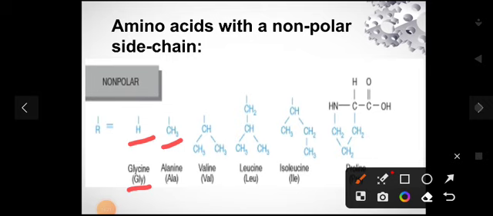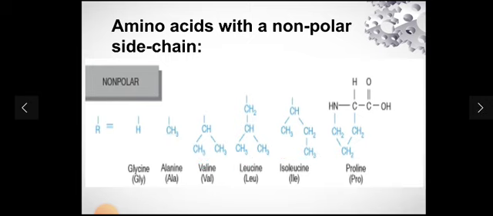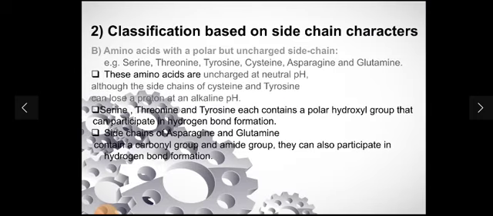Looking at all these structures drawn here, you will see that there is no oxygen or sulfur present in the side chain. So we call these amino acids with non-polar side chains. Take note of each and every one of them.